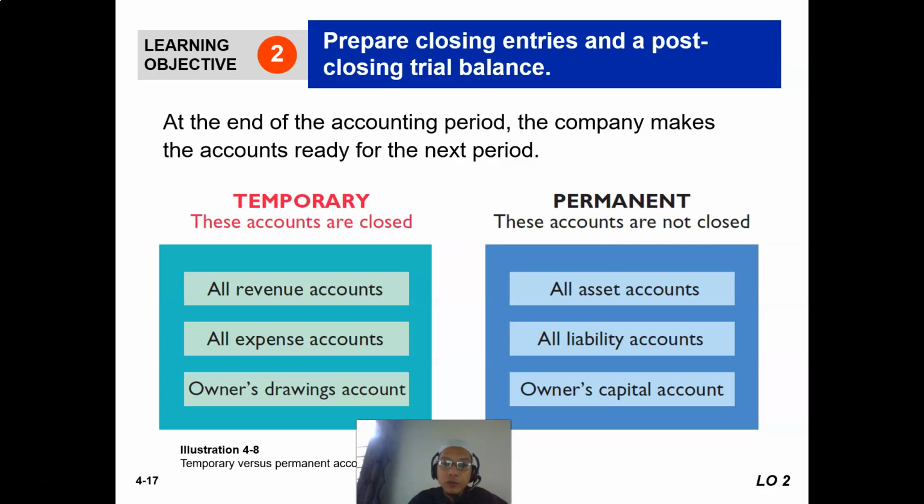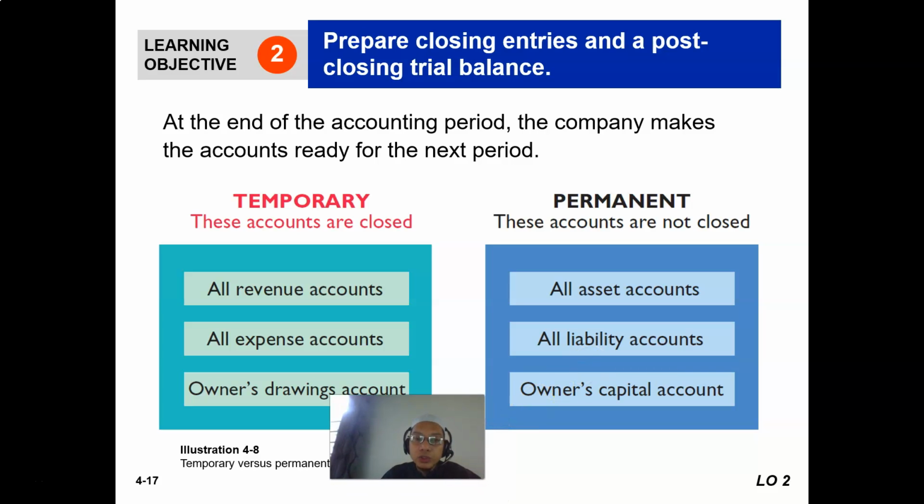Similarly, when you have a liability, you owe your bank at the end of 2019. If you don't pay off your bank loan, in 2020 you will still have that balance, and in 2021 you still have that balance. Therefore, you don't close your liability accounts.